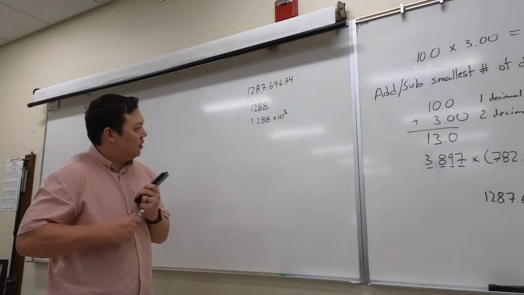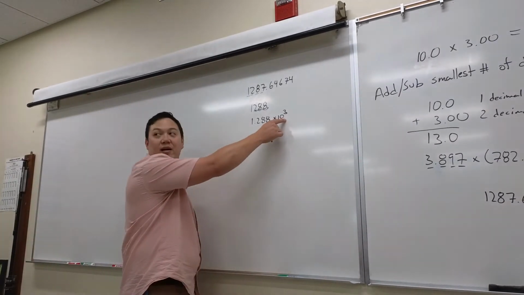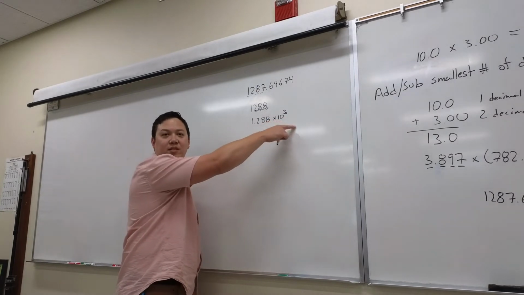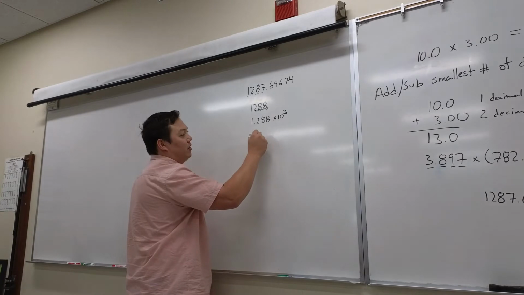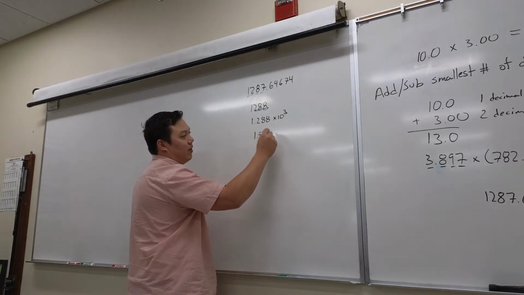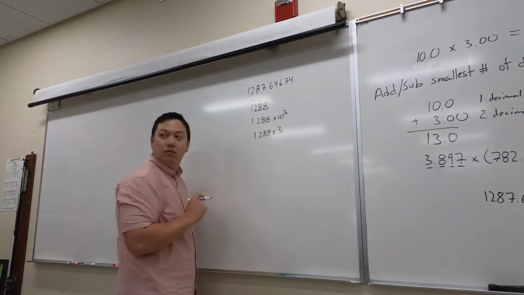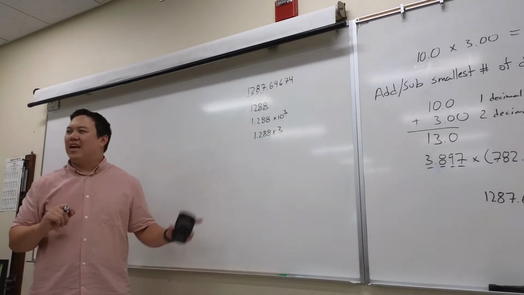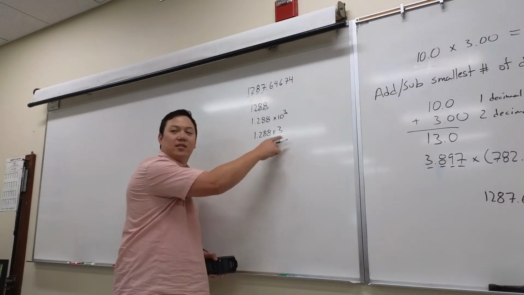And while I'm on the subject of calculators, there's a shorthand in most calculators for times 10 raised to some power. On your calculator, that would look like 1.288 for this number, and then E 3. That E is just shorthand for times 10 raised to whatever the next number is.